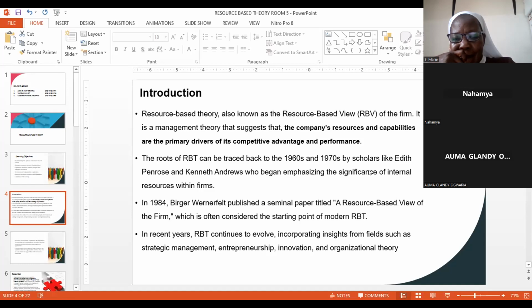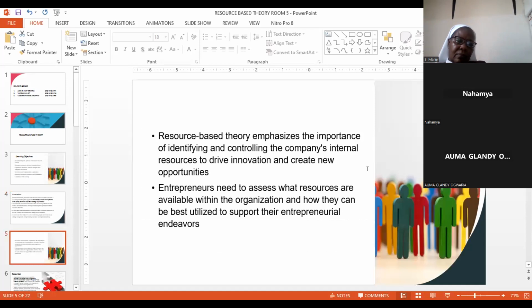In recent years, the theory continues to evolve, incorporating insights from fields such as strategic management, entrepreneurship, innovation, and organizational theory. The resource-based theory emphasizes the importance of identifying and controlling the company's internal resources to drive innovation and create new opportunities.